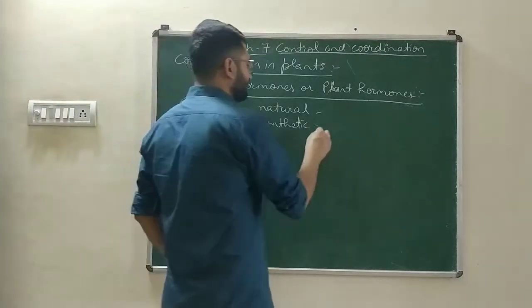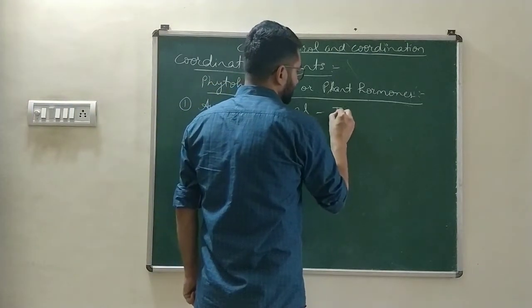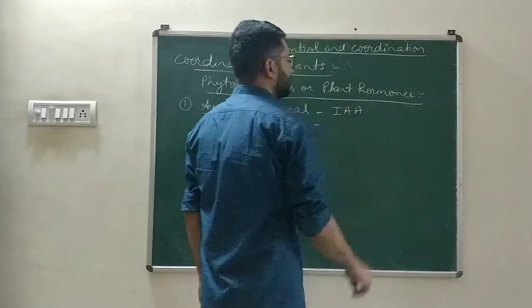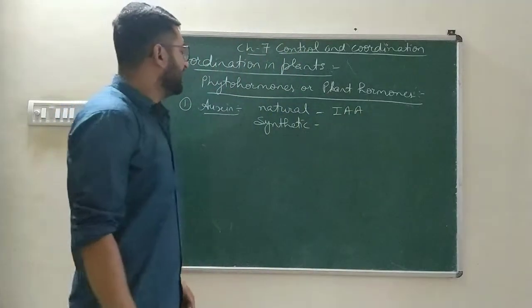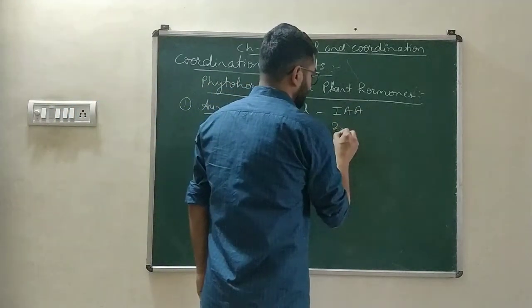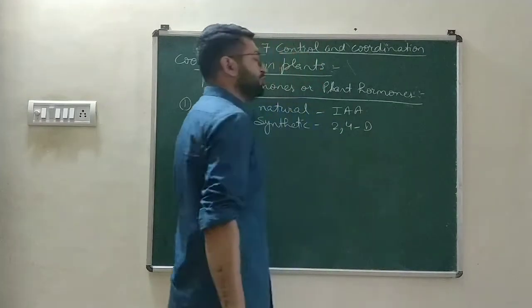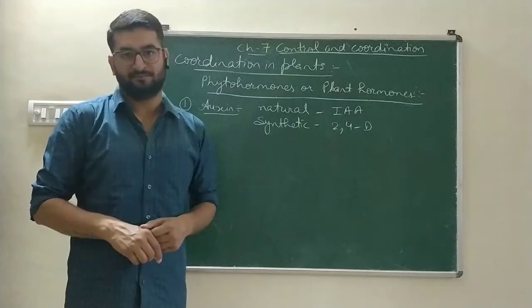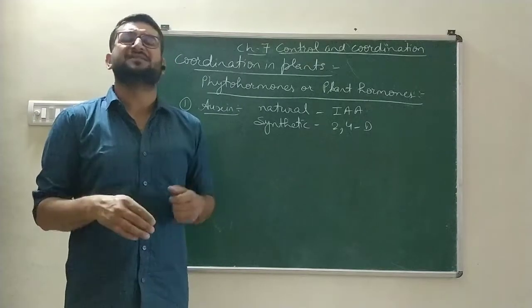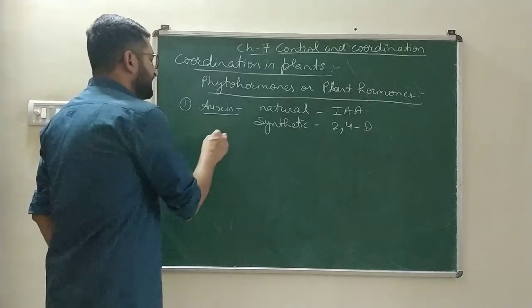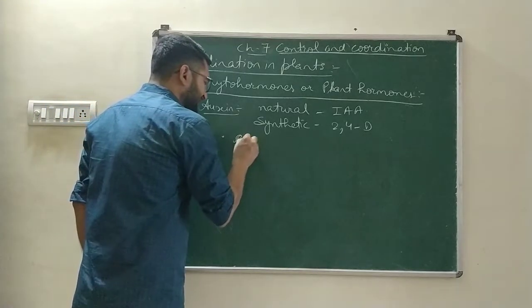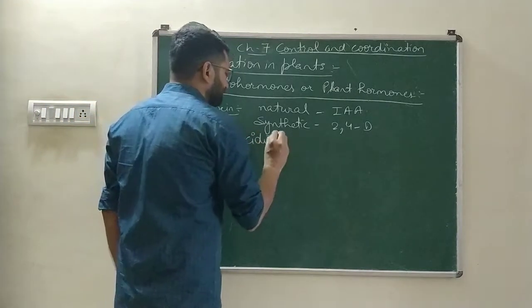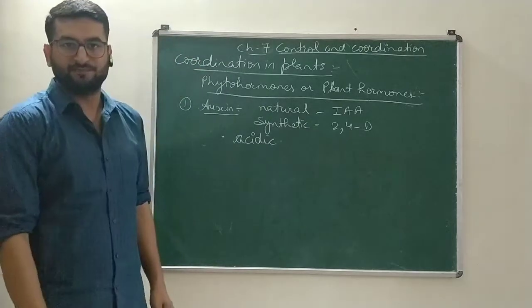The example of natural auxin is IAA, that is indole acetic acid, and the synthetic one is 2,4-D, that is 2,4-dichlorophenoxyacetic acid. The nature of auxin hormone is slightly acidic, so it is an acidic hormone.